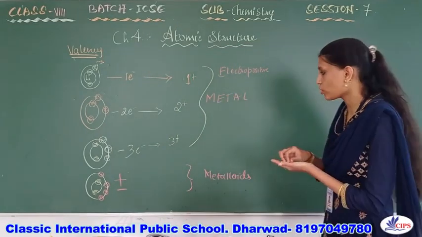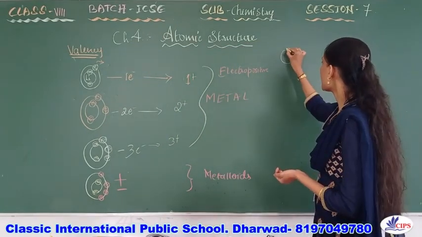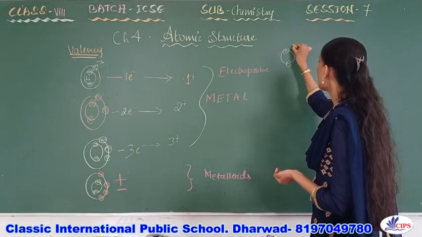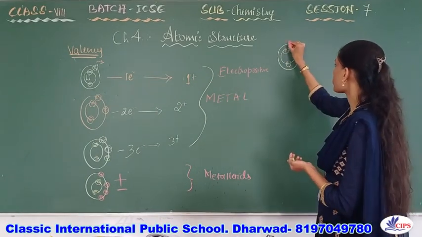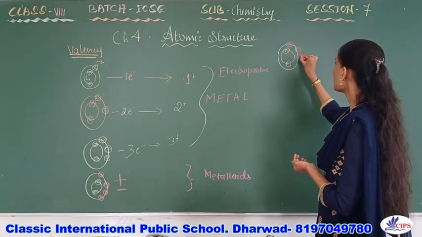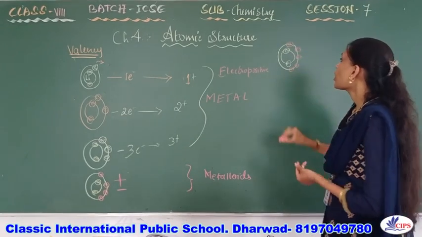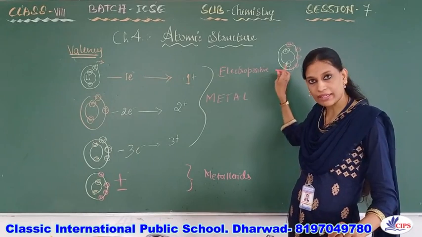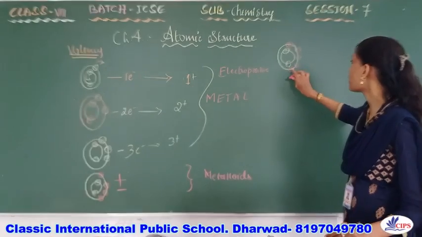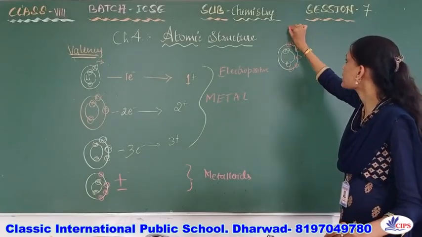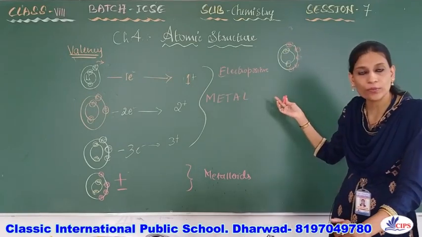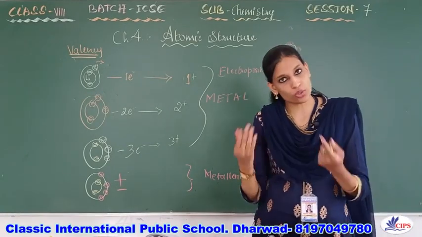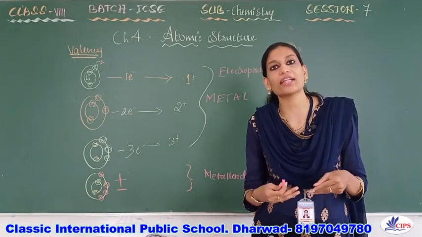Now if in the outermost shell, say an element has the K shell full with 2, and now we have 5 electrons, 1, 2, 3, 4 and 5. How many more electrons are required by this atom? 3 more electrons are required here. So what will this atom do? Will it lose those 5 electrons or will it gain 3 electrons?